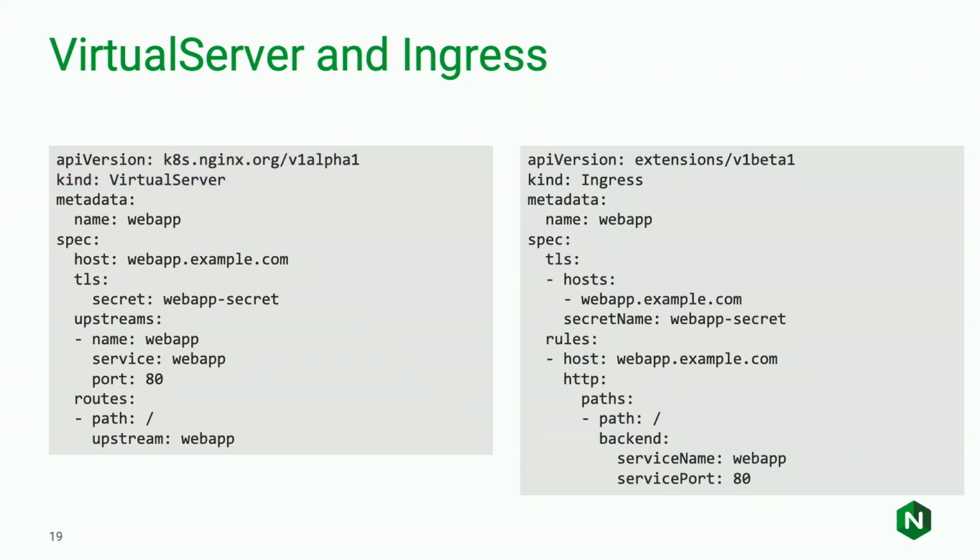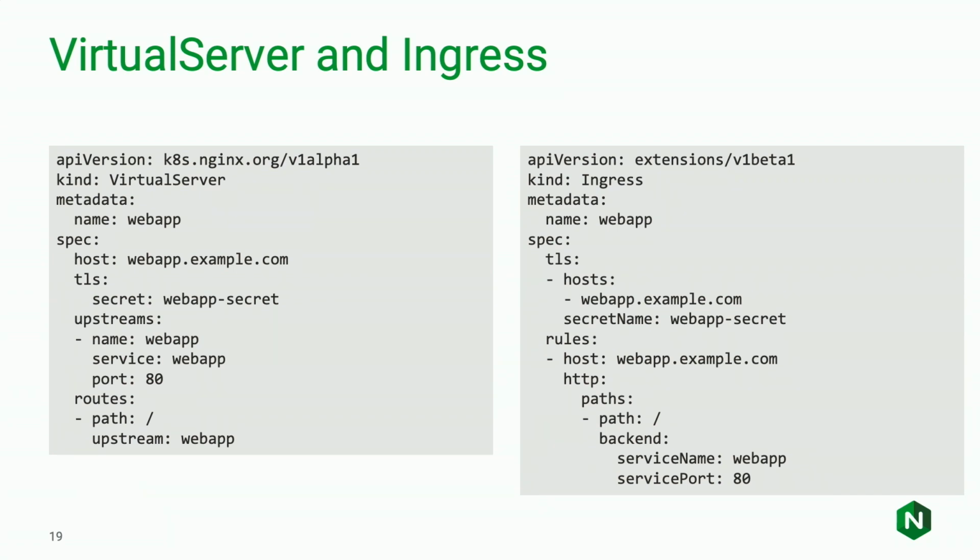I just compare it side by side with the Ingress resource, which would be used to configure NGINX with a similar configuration. Custom resources look and feel like native Kubernetes resources, but as I said, they can be added to the clusters on the fly. This is the extension mechanism of Kubernetes itself.